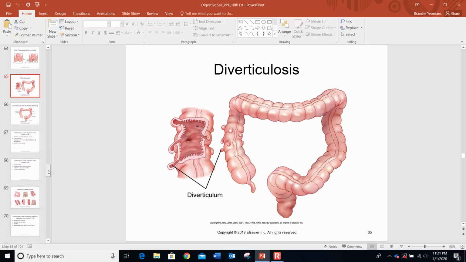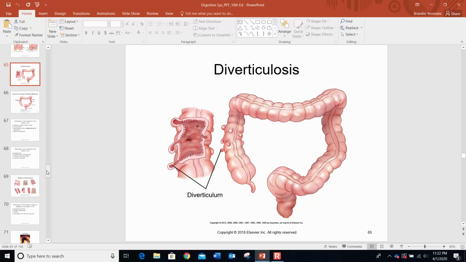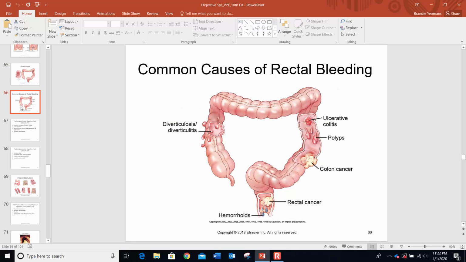This is a good little picture showing you what diverticulosis looks like. And you probably have heard of diverticulitis, and this is the diverticulosis. Alright, and here's a good picture. I love this. I've actually seen this at my gastroenterologist office, hanging on the wall. A nice picture that shows you the different types of problems that we can see within that large intestine that could be problems causing rectal bleeding.